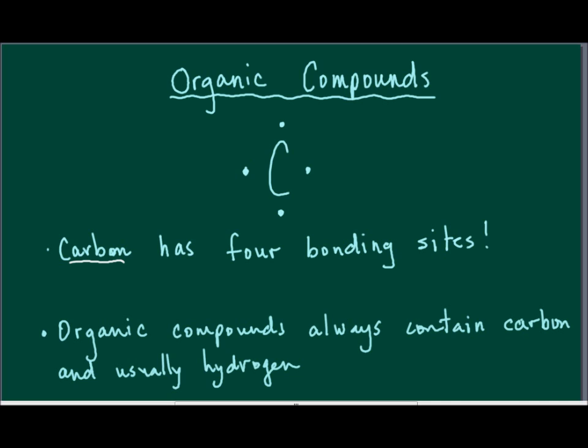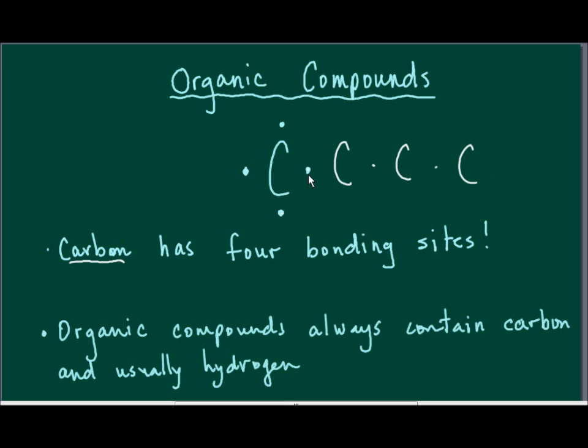The reason that organic compounds are so special is that carbon, with its 4 bonding sites, 1, 2, 3, 4, this is a Lewis dot model, we know it's in column 14, it has 4 electrons in its outer shell, which gives it 4 bonding sites to form covalent compounds. And the really cool thing about carbon is that it can bond with itself over and over and over again.